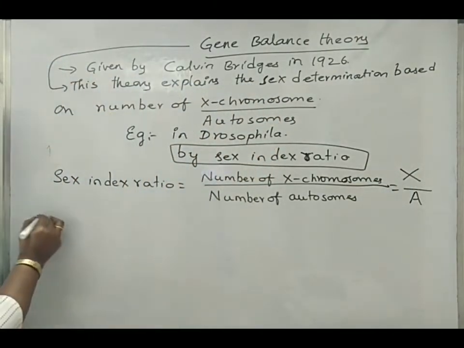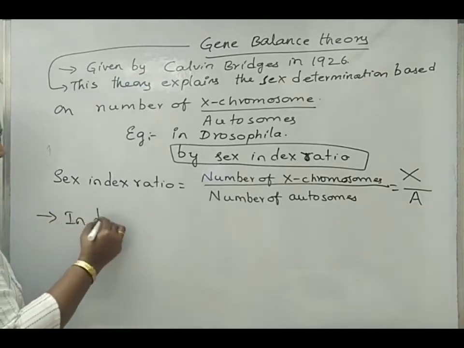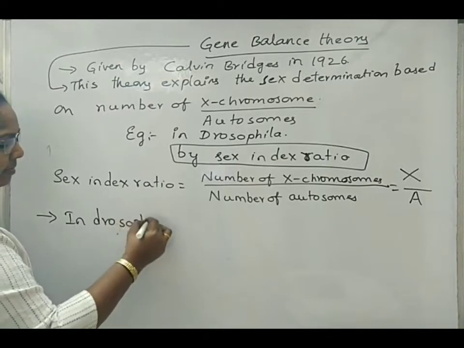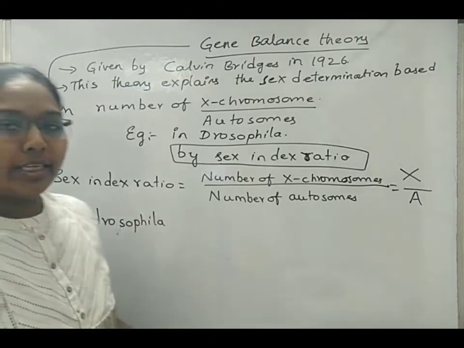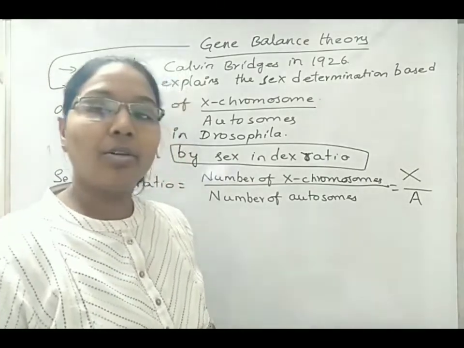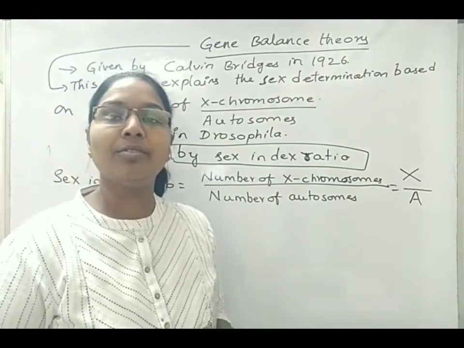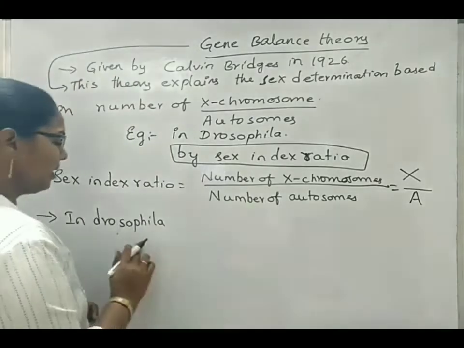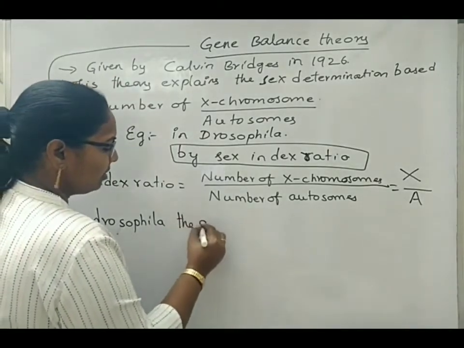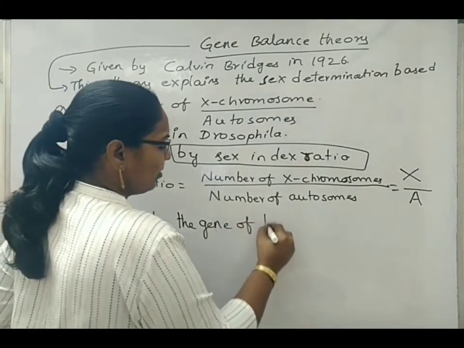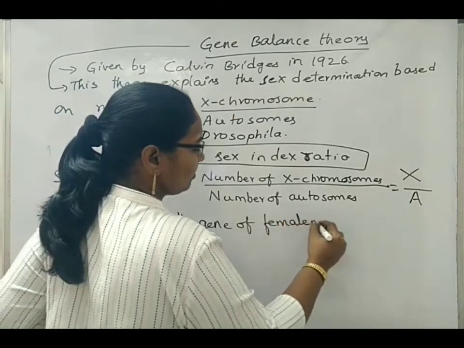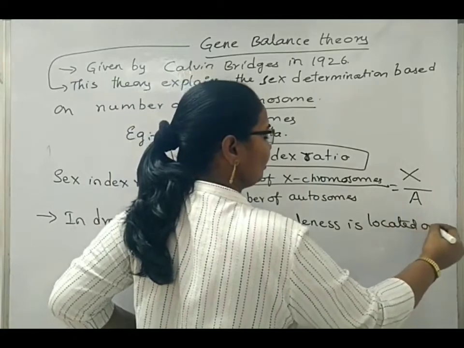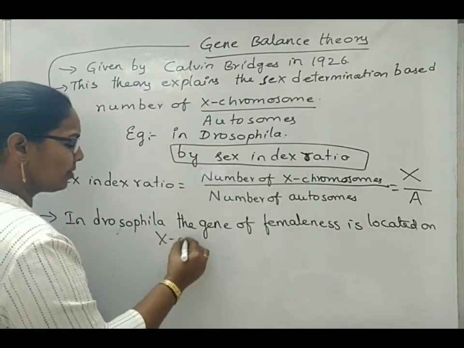We also will see some of the points. In Drosophila, the gene of femaleness is located on X chromosomes.